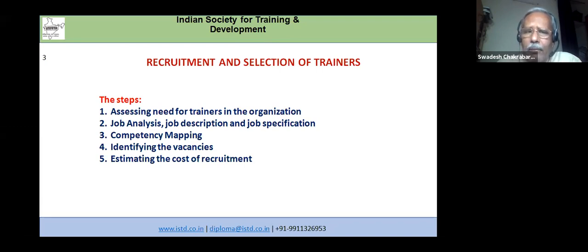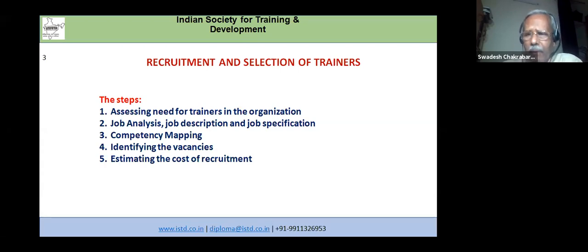And accordingly, we'll be requiring the trainers who are in a position to deliver that kind of competence, skill, and knowledge to the people. So obviously, the beginning will start from what the job is, what the performance involved in the job is, what the skills involved in the job are, and do we have to match those competences with the competence of the prospective trainers, right?